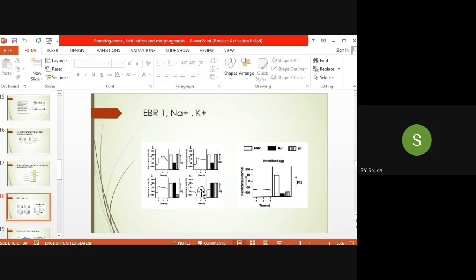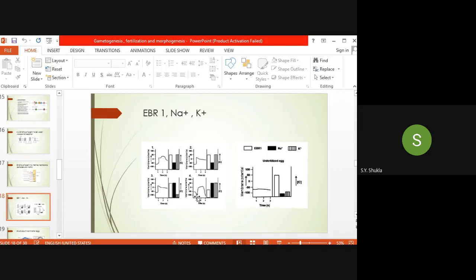But immediately when the sperm binds onto the egg, to block polyspermy there is a fast block. I told you while teaching that there are two concepts: one is the fast block and the other is the slow block. In the fast block, the sodium ion concentration increases, and so the membrane potential increases from minus 70 millivolts to plus 20 millivolts.